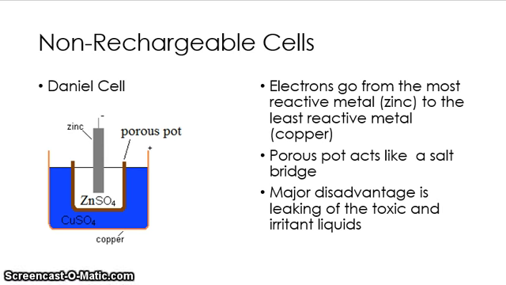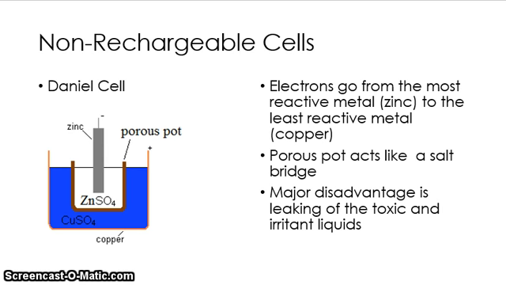The porous pot acts like a salt bridge in that it prevents the two liquids from mixing, which can cause undesirable reactions, but at the same time it allows free movement of ions. So ions can move from the copper sulfate to the zinc sulfate without the two liquids mixing together.